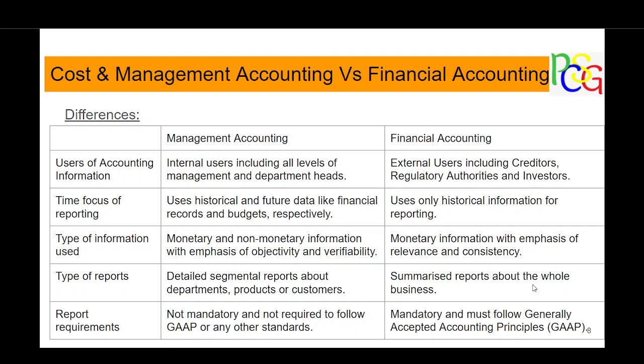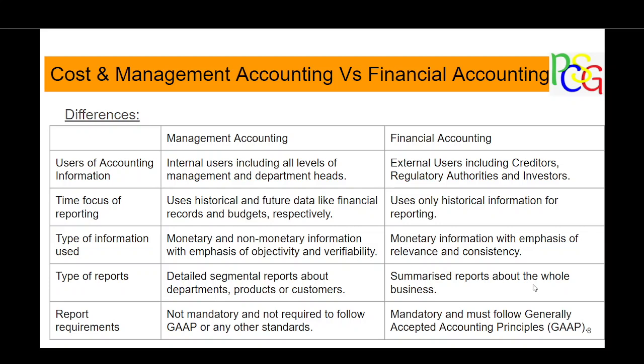Okay, and the next row I have here is time focus of reporting. Under management accounting, I said that management accounting uses historical and future data, like financial records and budgets, respectively. So management accounting looks at both.